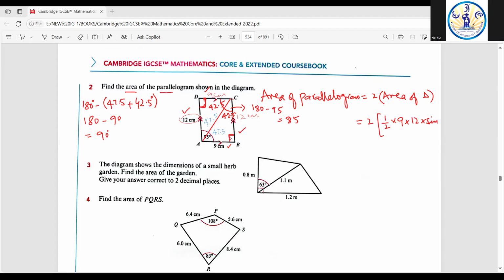So as a whole, the answer is 108. Since sine of 90 gives me 1, the area is 108 centimeter squares. So this is how this question had to be done.